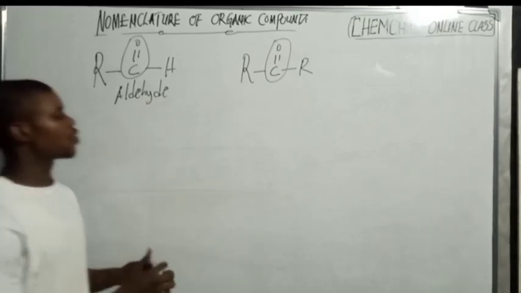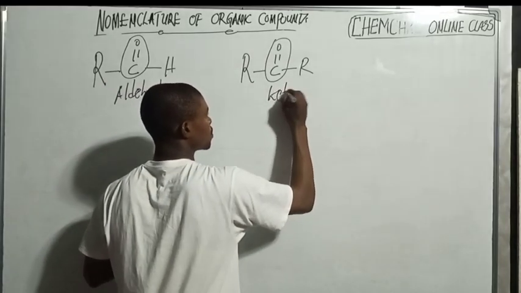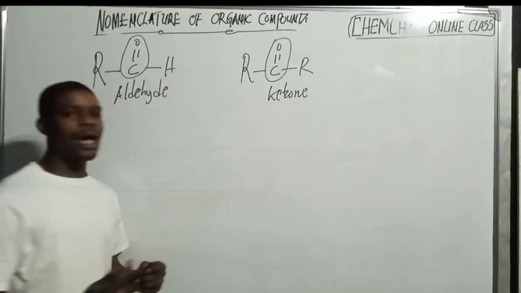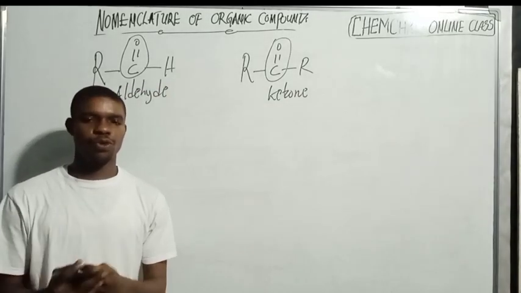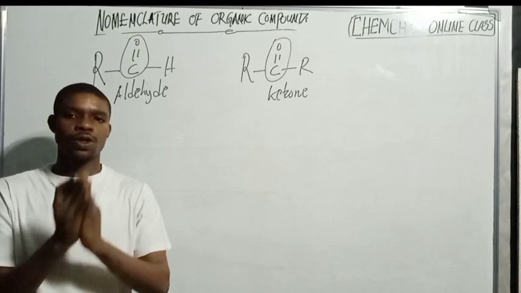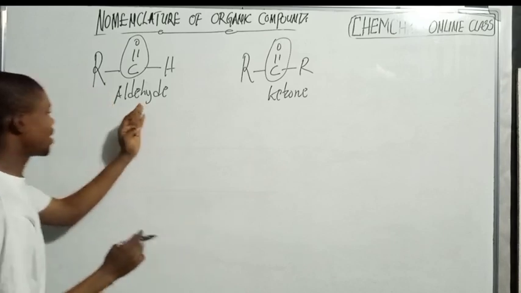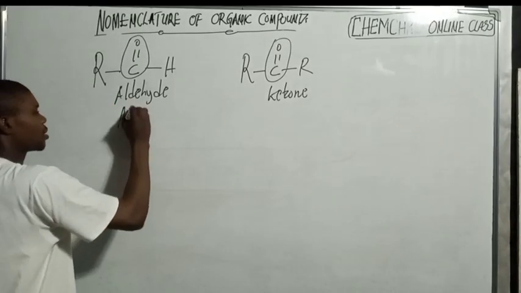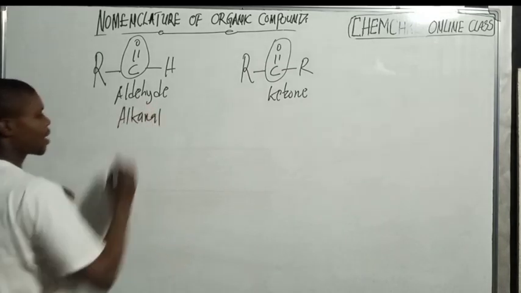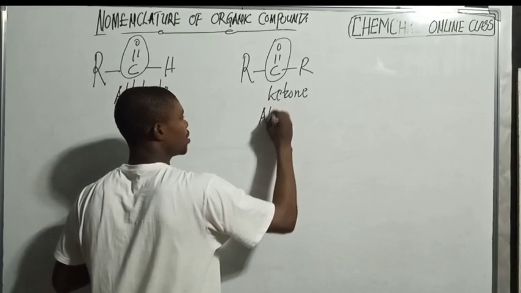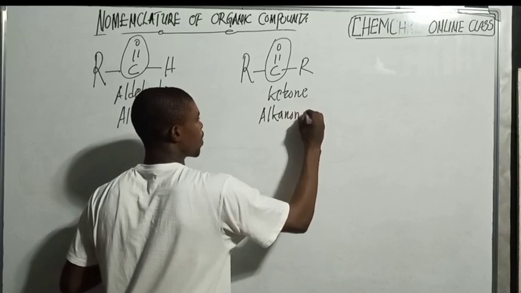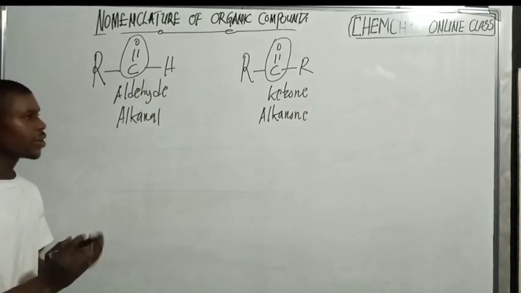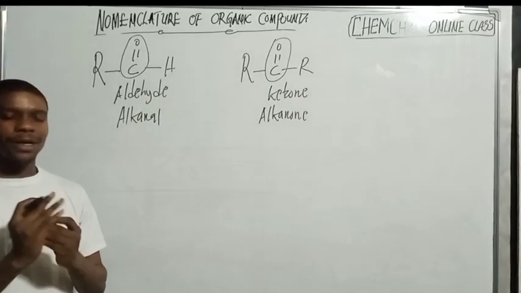So this is called an aldehyde, this is called a ketone. But aldehyde and ketone are just common names. What is the systematic name, or the IUPAC name? The aldehyde is called an alkanal. Here we have an alkanone. Do you understand? They both have the same functional group, but they are not the same compounds.